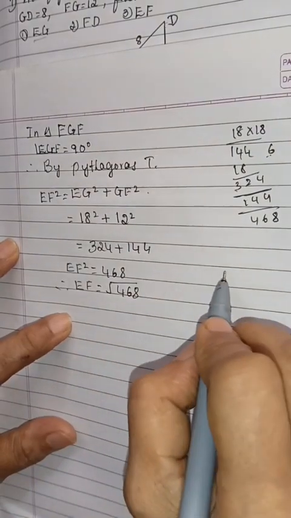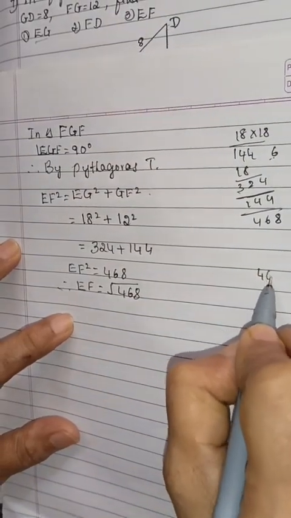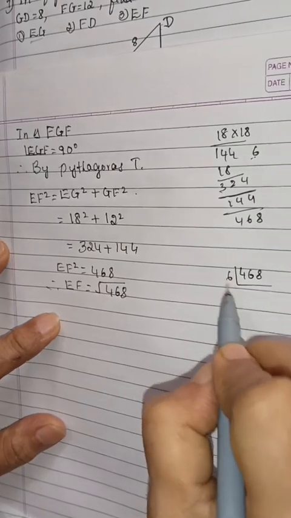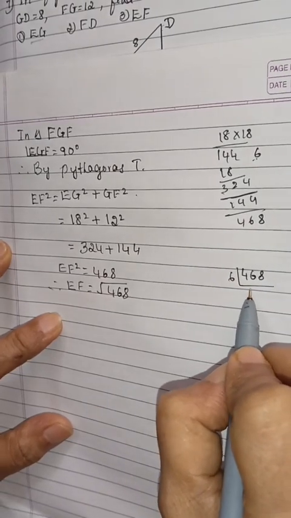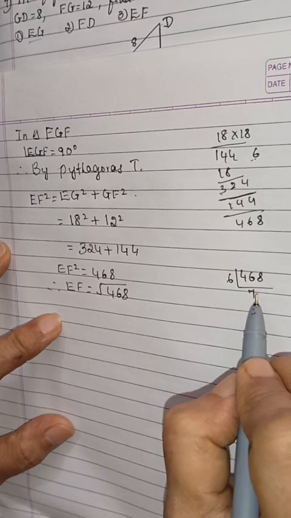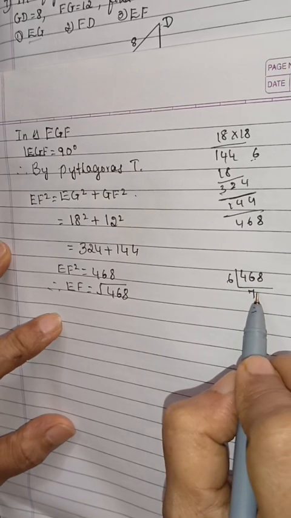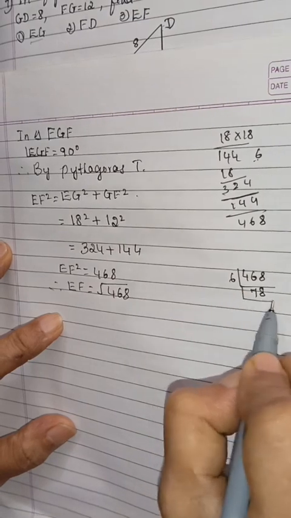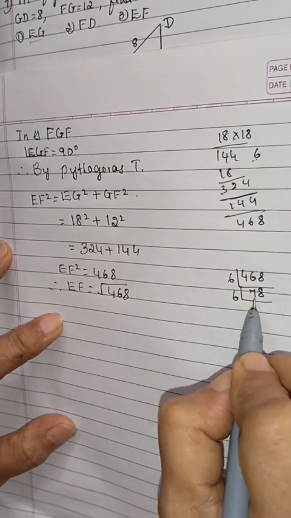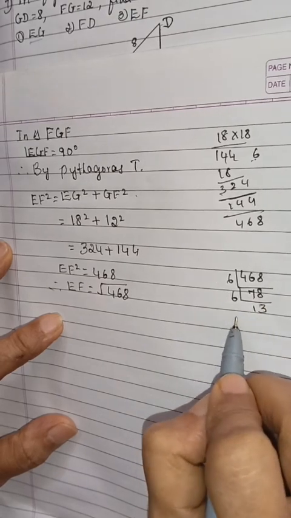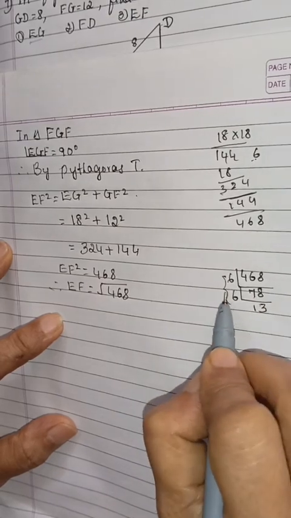Now we can divide 468, so 6 sevens are 42, 6 eights are 48, so here it is 36.